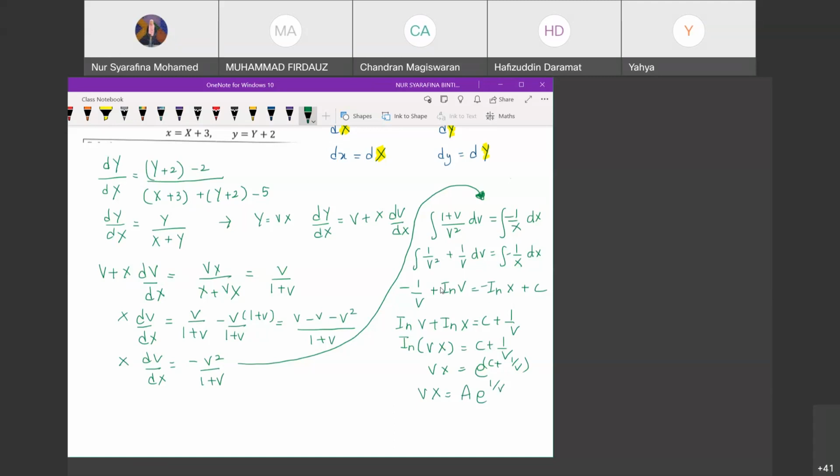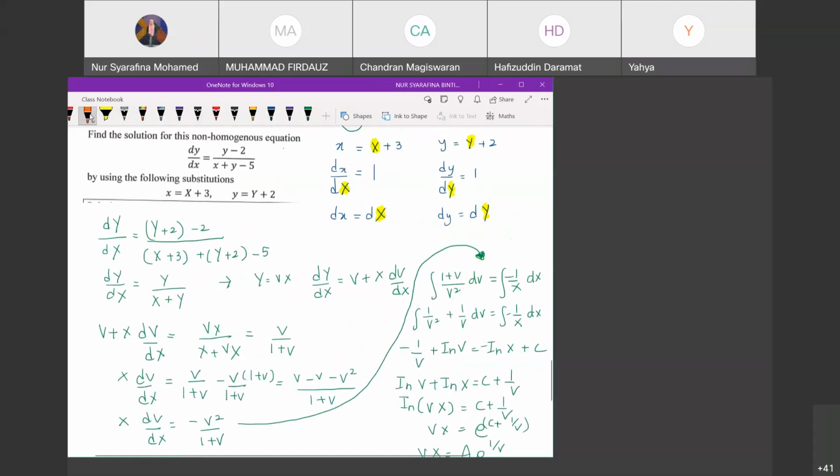Alright, so remember what is v? v is Y over X, so 1 over v is X over Y. So Y equals A e to the power of X over Y. Okay, but this is big X and big Y. Remember, your X and Y come from the substitution: X equals x minus 3, Y equals y minus 2.